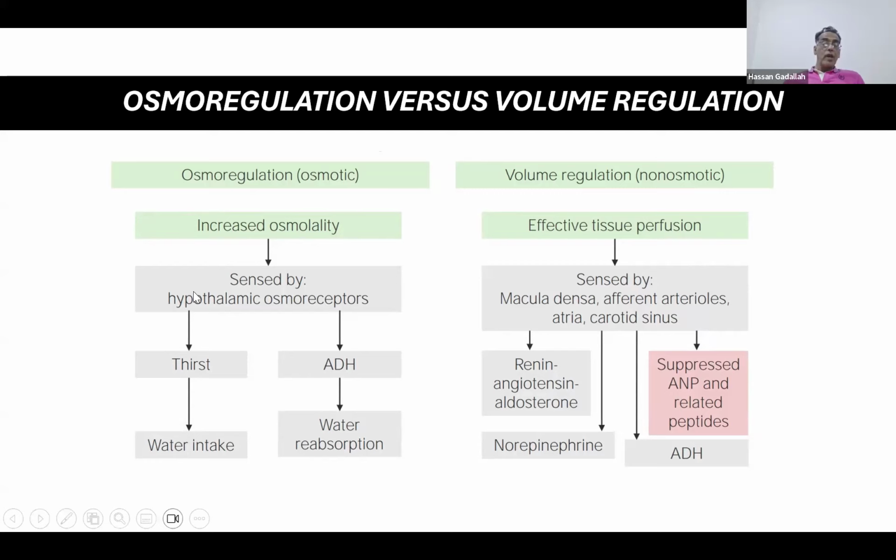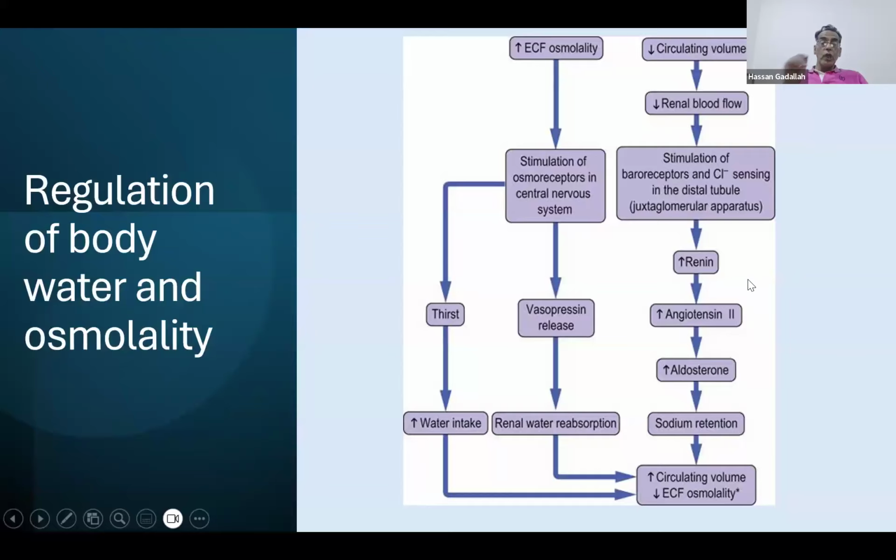I just want to remind you that if we look at the volume regulation, we'll not go deeply through this because it's not as important as in hyponatremia, but we have to notice that we have an area of overlap here between the osmoregulation and volume regulation as well. So let's go deeply into the hypernatremia pathway.